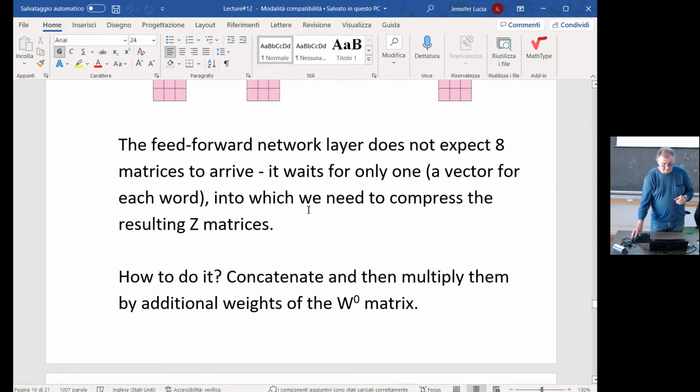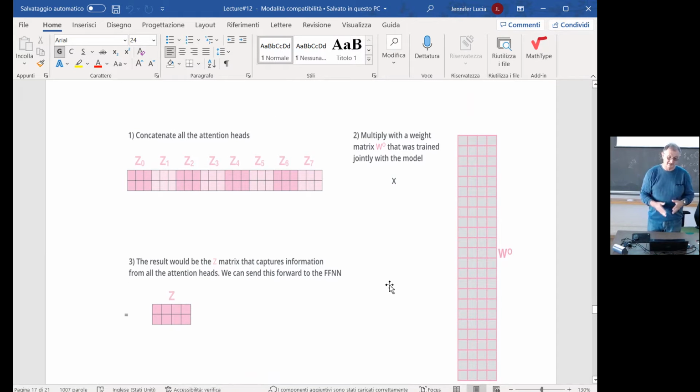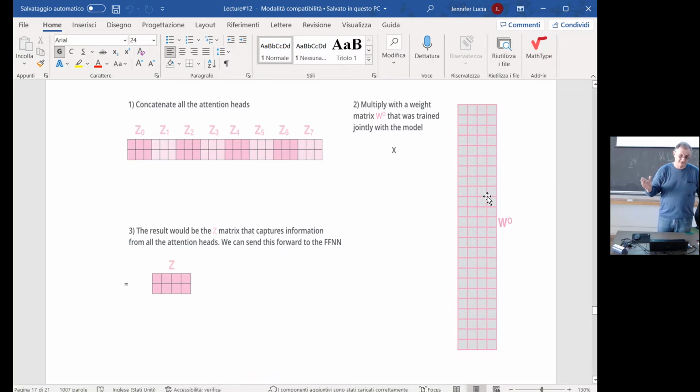Okay? But what we can do? We can append, concatenate this matrix for the attention heads when we calculate Z0 and so on, up to Z7. Then we can train a big matrix W0.